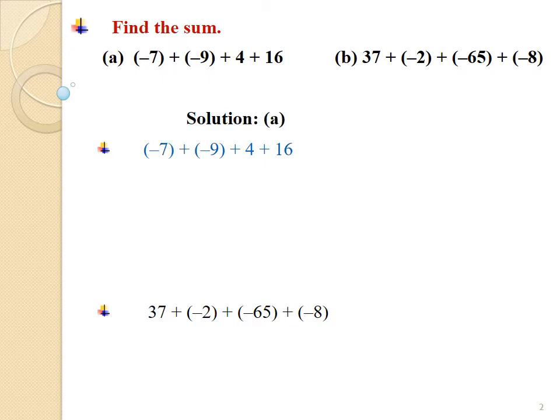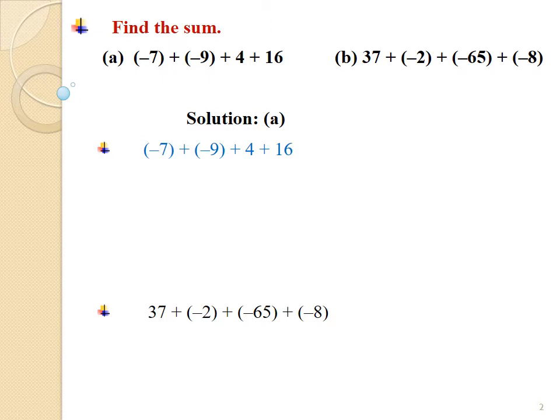Students, recall the rules of addition of integers and solve the sums. Students, let us regroup the numbers, negative integer with negative integer and positive integer with positive integer, as there are 4 integers.